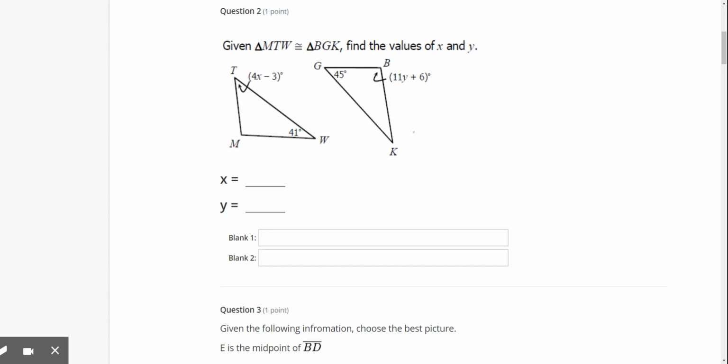So here is the reason why it makes a difference. Because M goes with B, I need to know angle M in order to set up Y's equation.